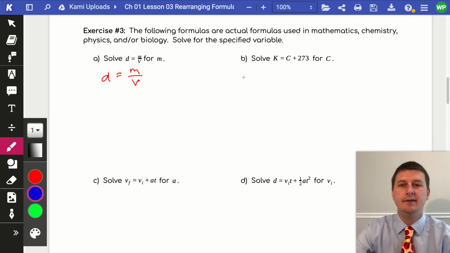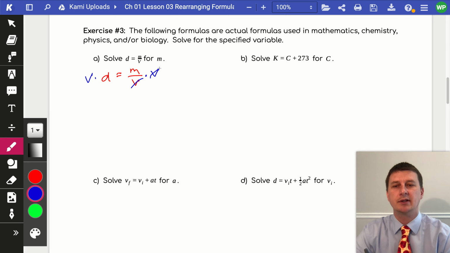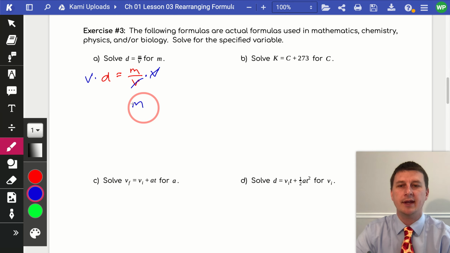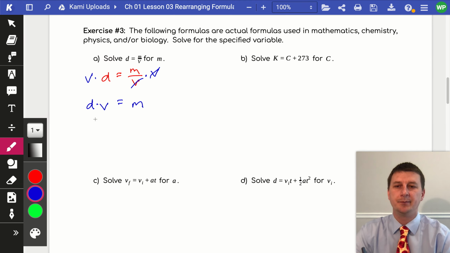So the inverse of dividing by v is going to be multiplying by v. So I'm going to cancel out the v's over here because the inverse of dividing is multiplying. Those would cancel out, and I'd be left with m is equal to, I like alphabetical order, so m is equal to dv. And just like that, I solved the formula for m. M is now isolated. I'm done with that one.